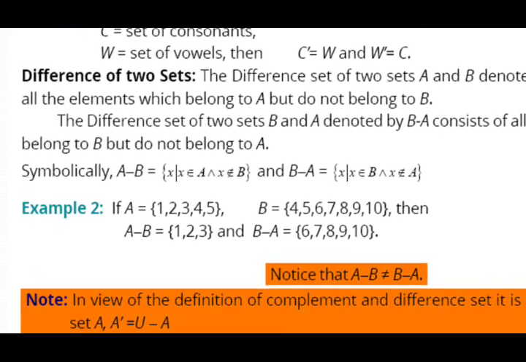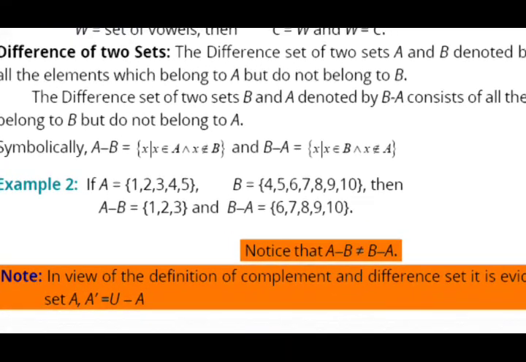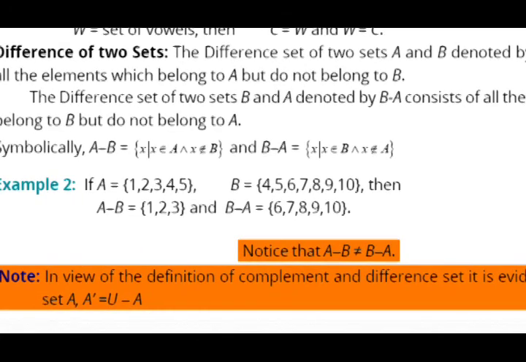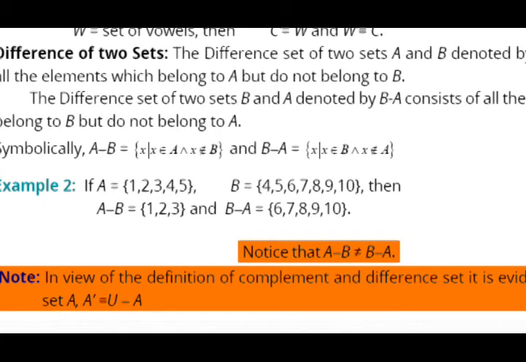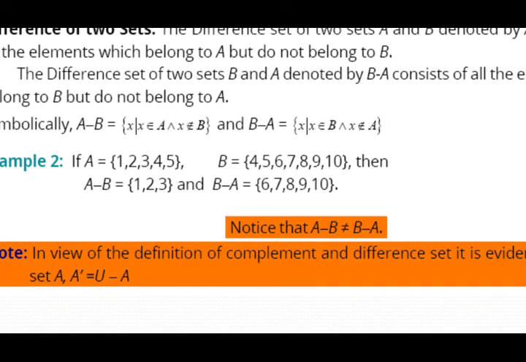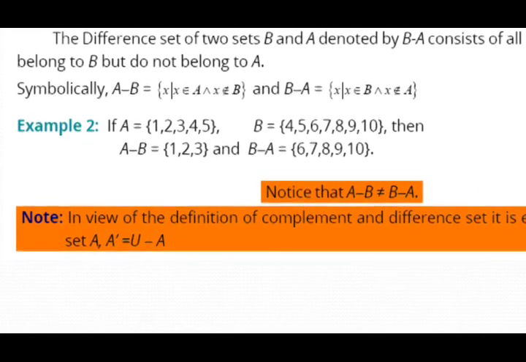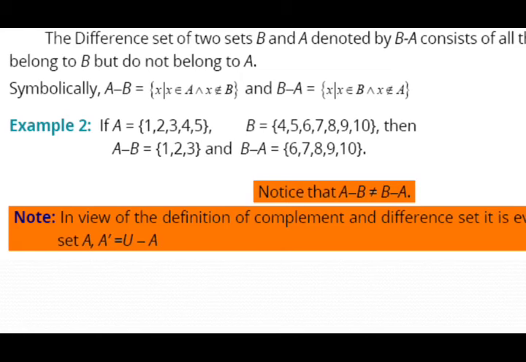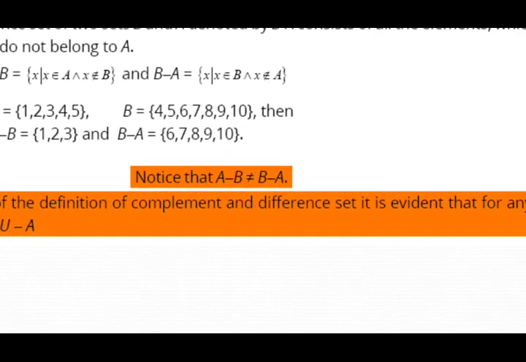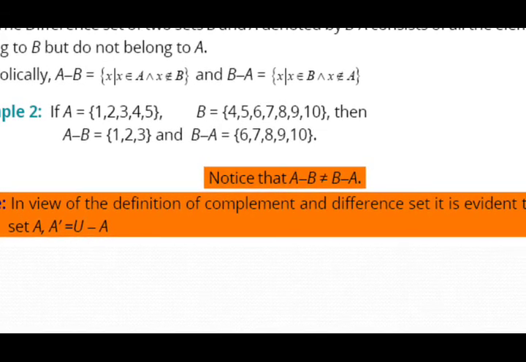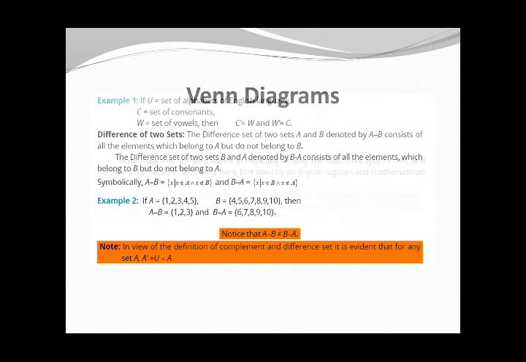For example, A minus B, we eliminate elements of B from A, and when we write B minus A, we eliminate elements of A from B, and these two sets are never equal. Some exceptions may be possible. And A complement is also written as U minus A.